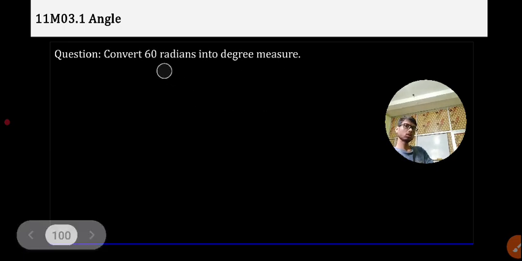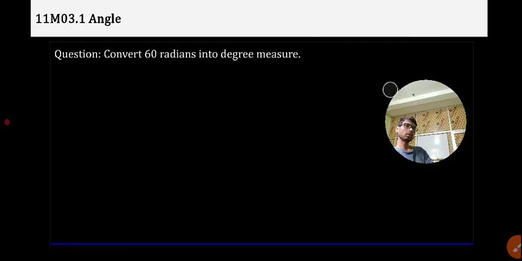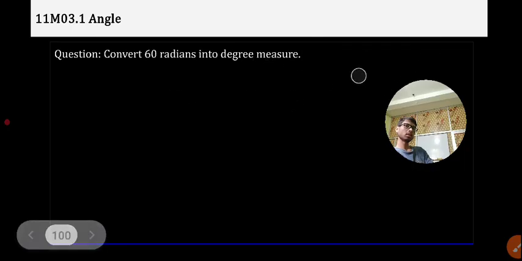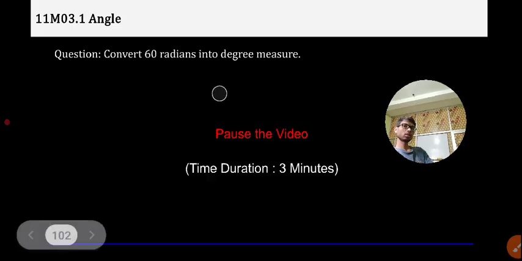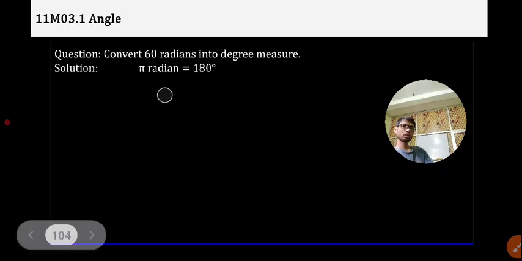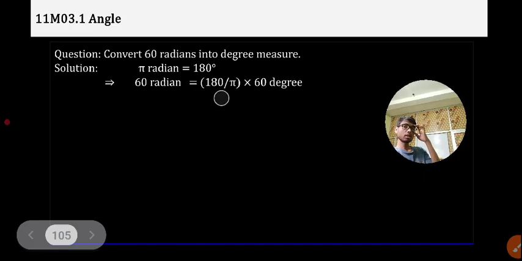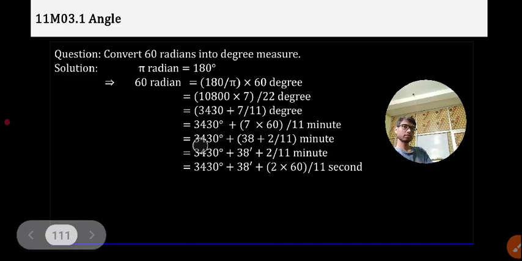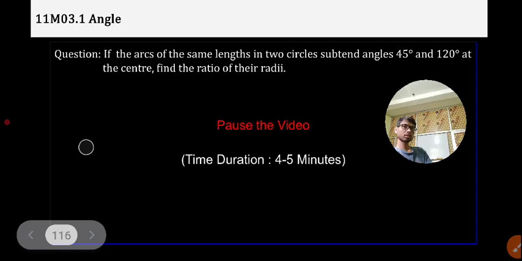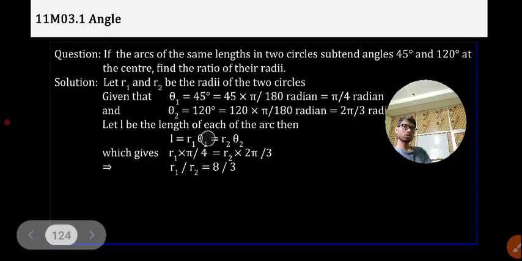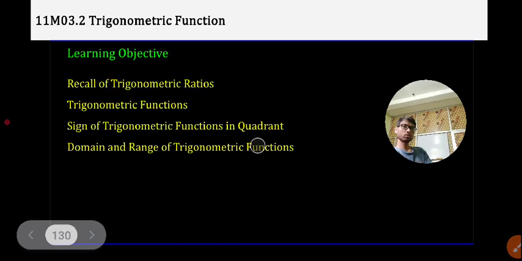So we know pi radian is equal to 180 degrees. 60 radian is equal to what? 180 upon pi multiplied by 60. We have these questions for you.